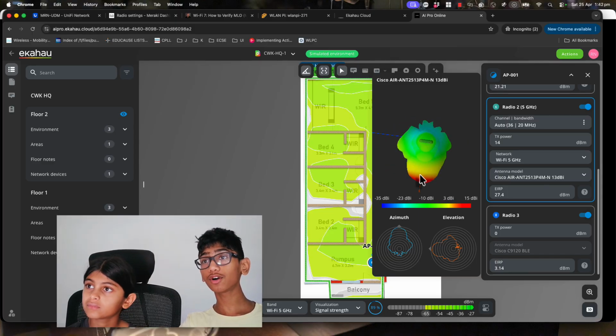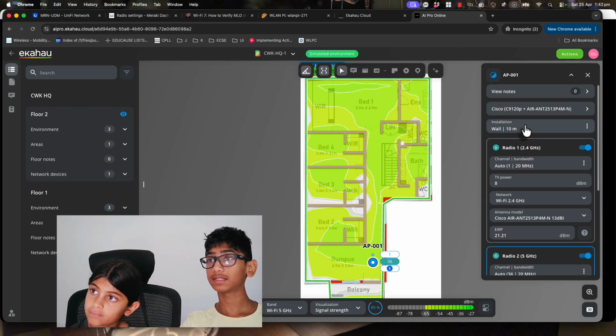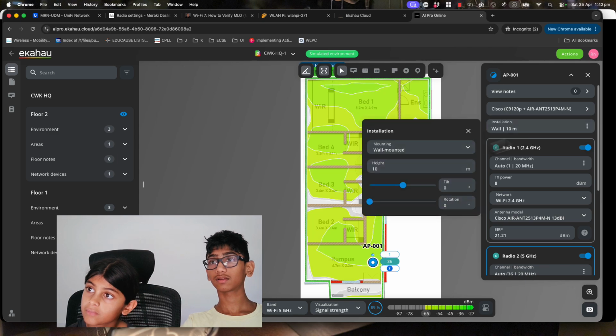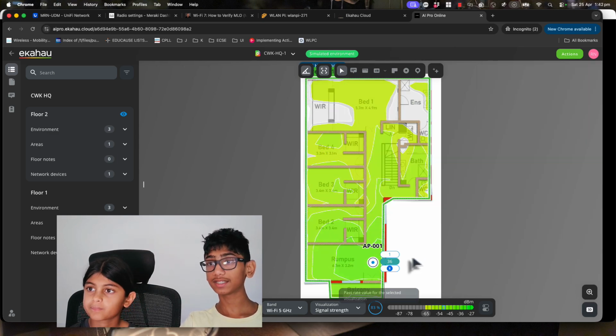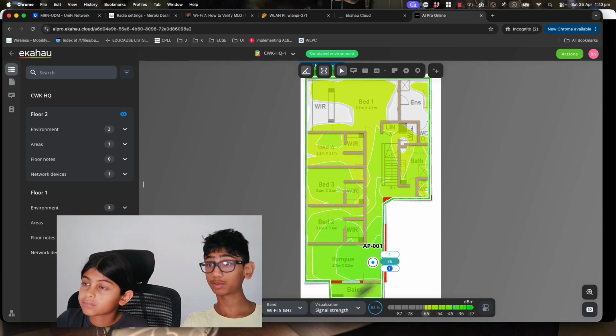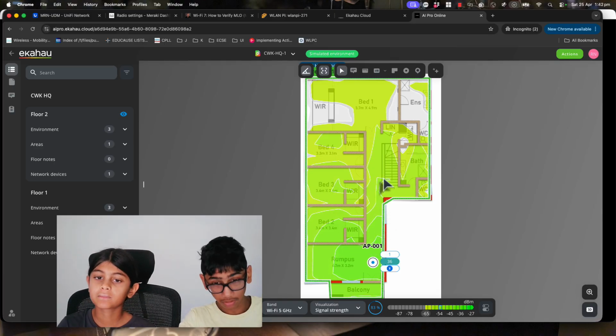So even if you're on a ceiling like this, it focuses the energy on that one point. So let's change this to a ceiling mount, and you can see it still has pretty good coverage, even though it's pointed at the floor.